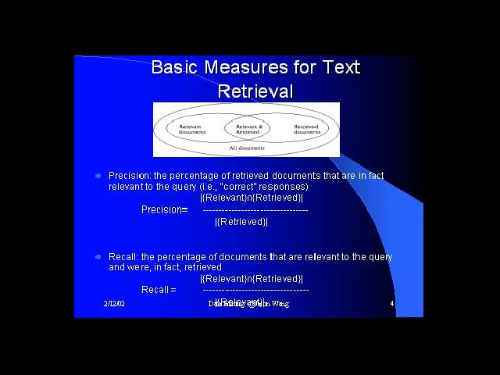Recall, the denominator is the total number of relevant documents in the library. For example, there are 1,000 documents that are relevant to this query. And how many are retrieved by your search engine? Out of the 1,000, for example, 900 are retrieved by your search engine. For that case, the recall of your search engine is 900 divided by 1,000, which is 90%.